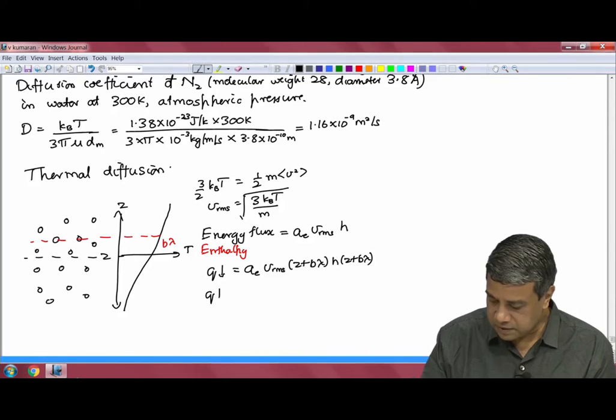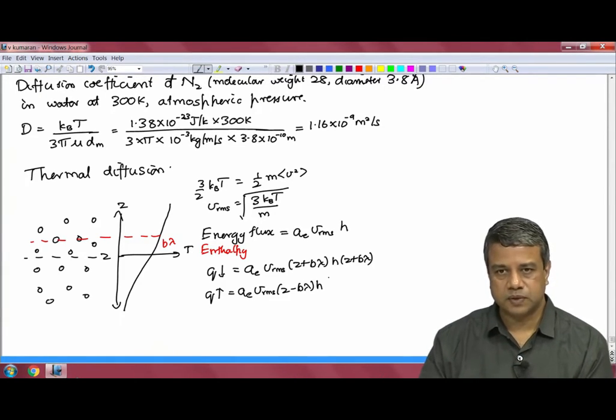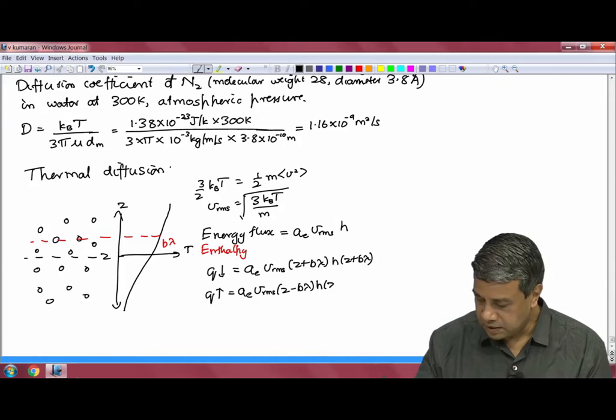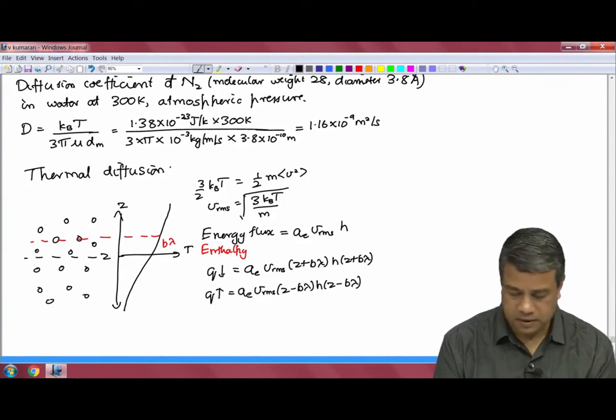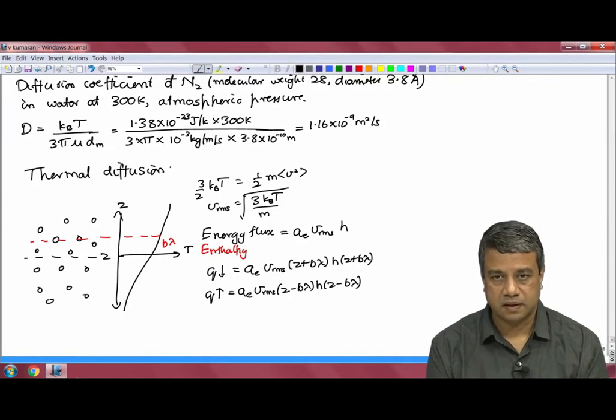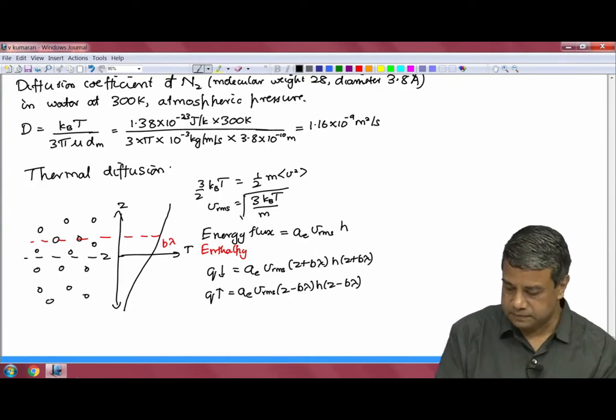Similarly, the flux of molecules going up through the surface is equal to some coefficient times Vrms at z minus b lambda into the enthalpy per molecule at z minus b lambda. So, that is the molecules that are going upward through the surface.